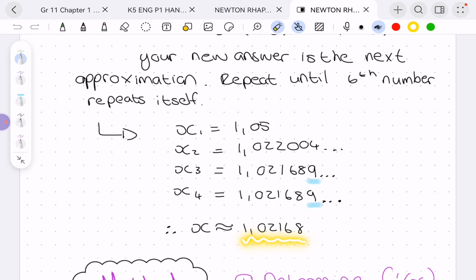So my answer, rounded off to 5 decimals, is 1,02168. If it did not repeat, I would have pressed the answer button again, and I get x5, and again x6, and again x7, until at least 6 decimal places repeat.